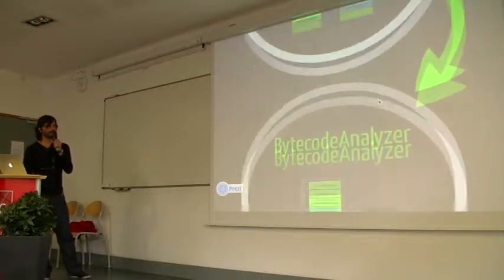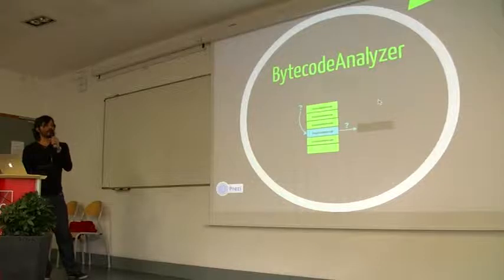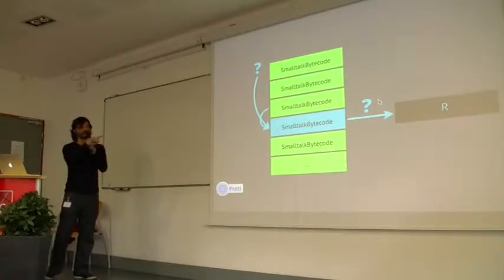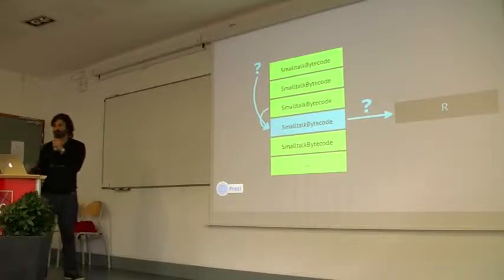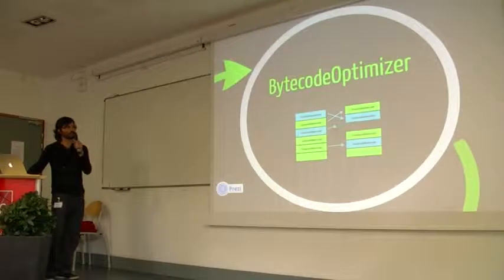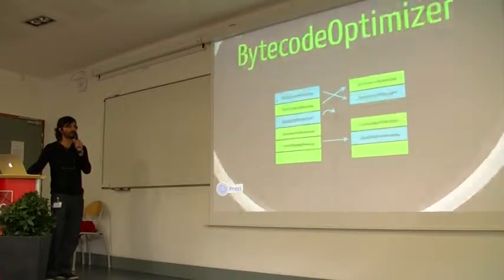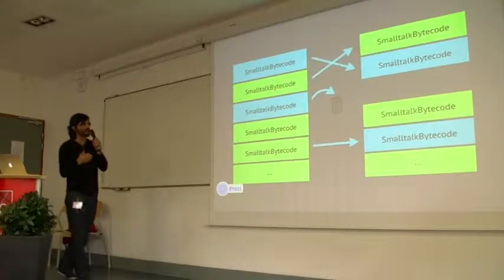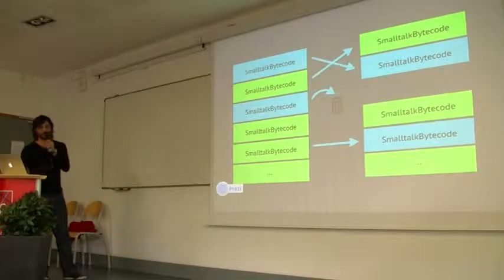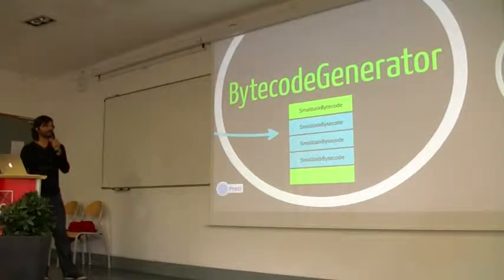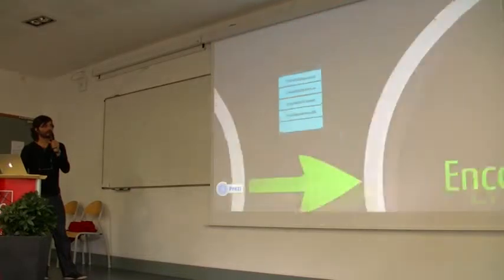So we implemented another guy, the bytecode analyzer, which is in charge of answering questions such as: is this variable in register R at this point? That information will be used by the bytecode optimizer, which, based on that information, will change one bytecode to another, drop some bytecodes, and so on. Finally, we will get a list of optimized bytecodes, and then we can pass this to the next stage.